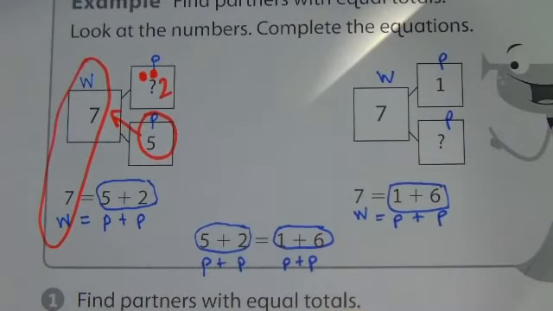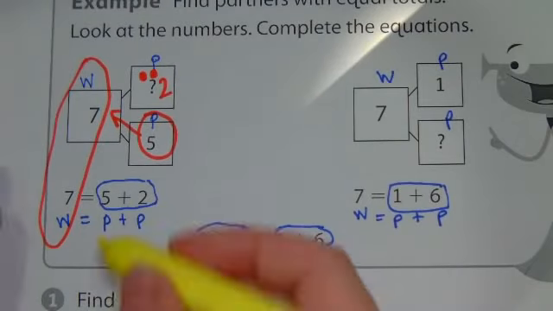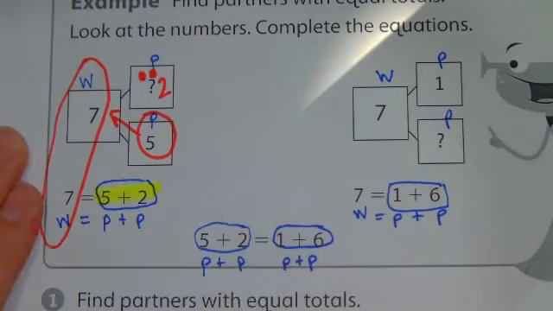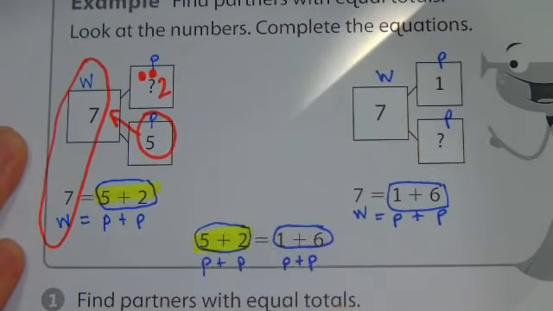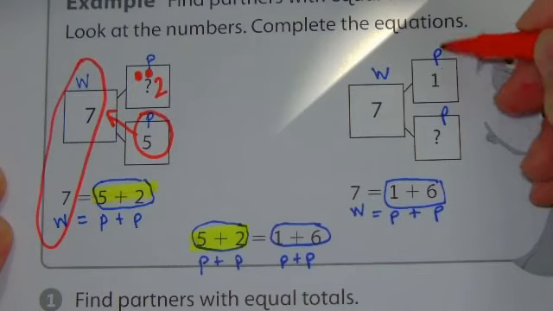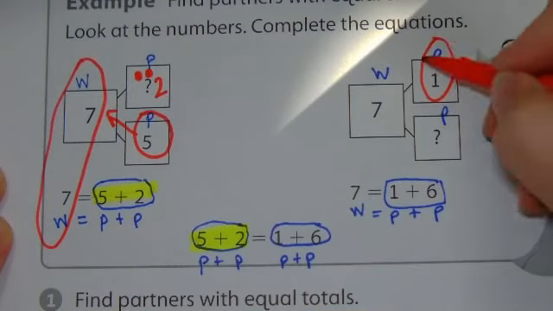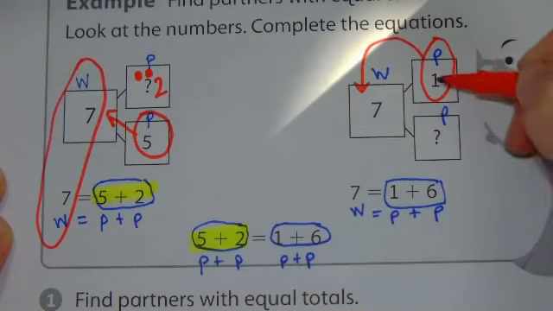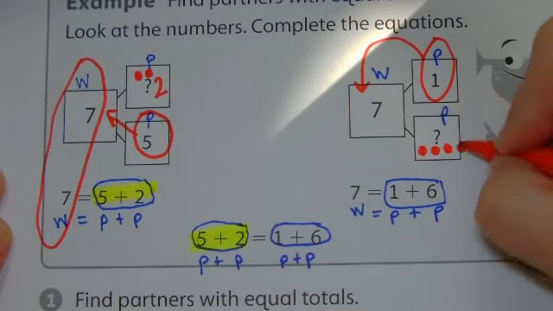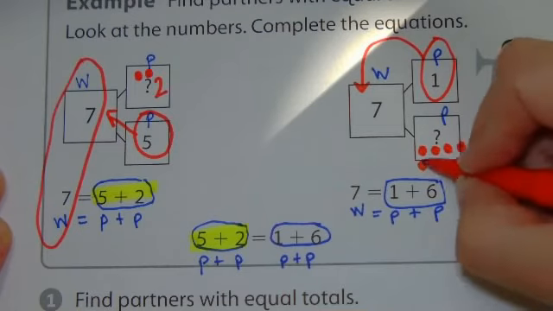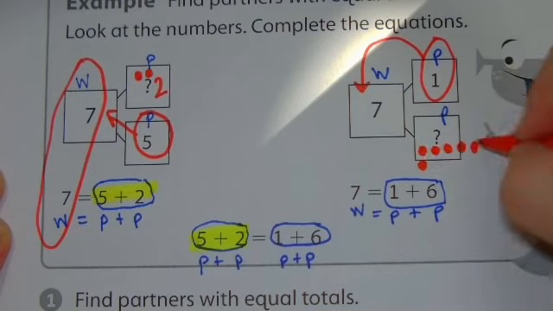Then they took the 5 plus 2, the two parts, and we're going to prove that these two parts are going to equal the same amount as those two parts. So here we have the part we know counting up to the whole, right? 1, 2, 3, 4, 5, 6, 7.